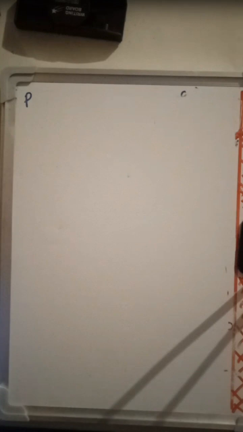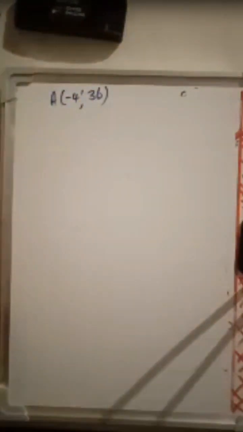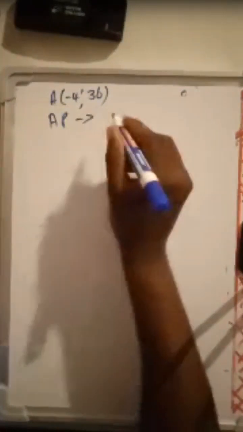0. So remember that for A, we got negative 4, 36, if I'm not mistaken, right? So it means line AP, yes, the equation is y equals 36.